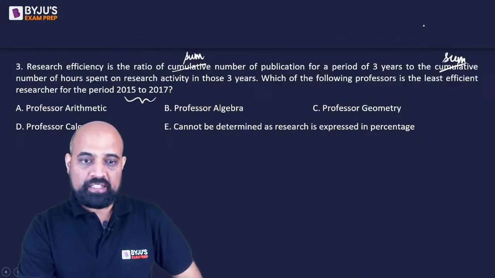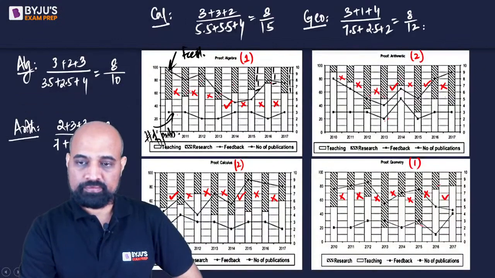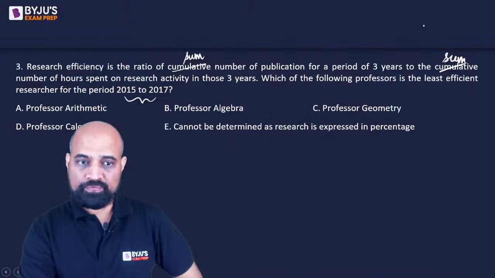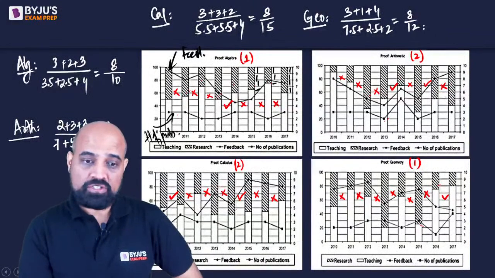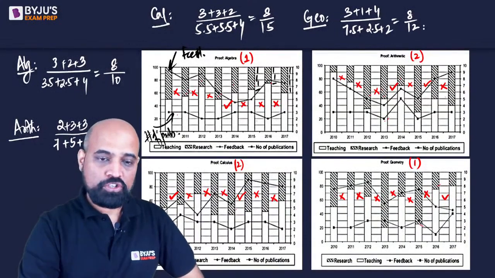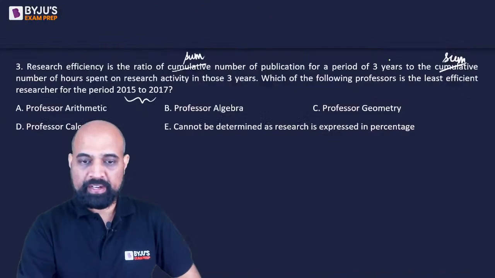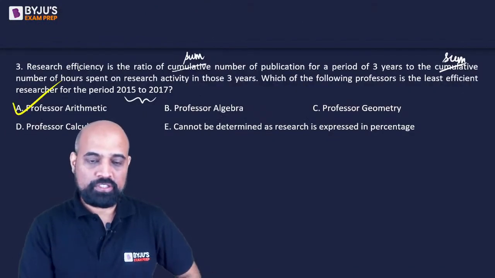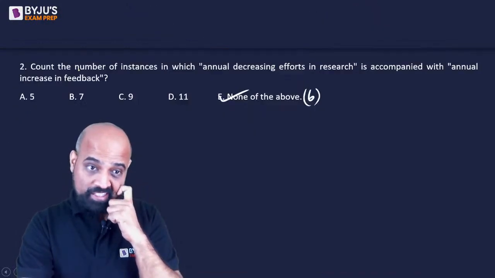Since we need the least efficient researcher, so the one that has got the lowest denominator, right? So the lowest denominator is for the guy arithmetic professor. So professor arithmetic.